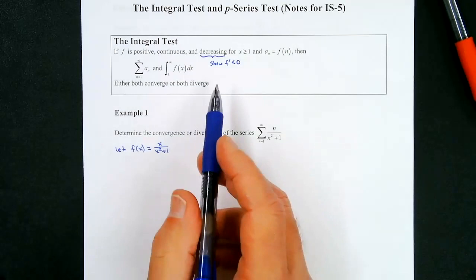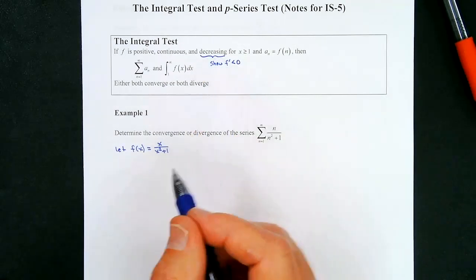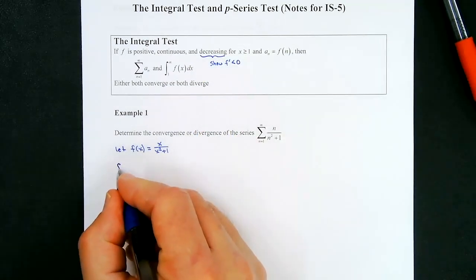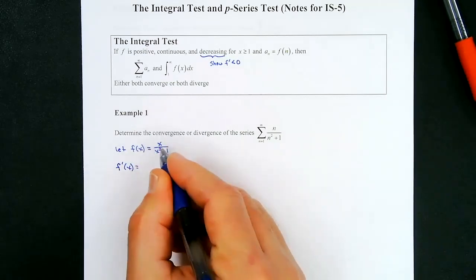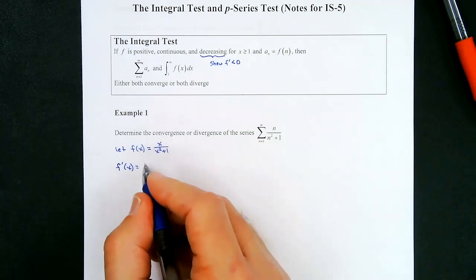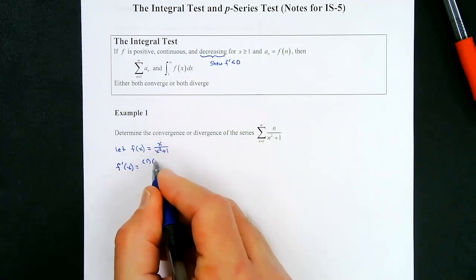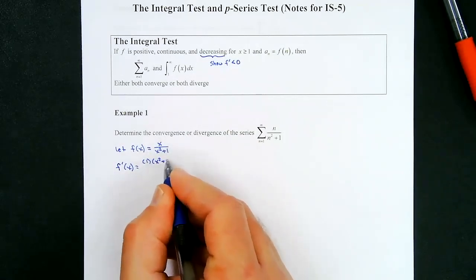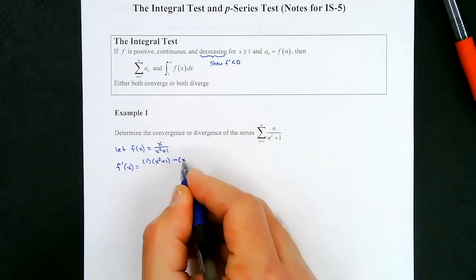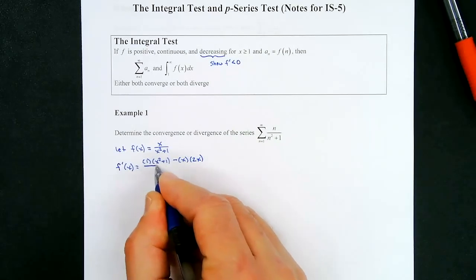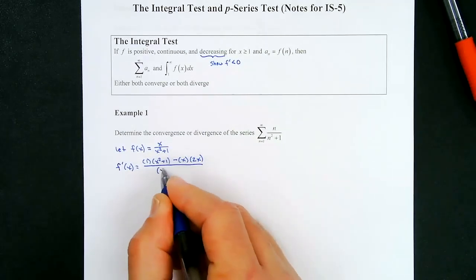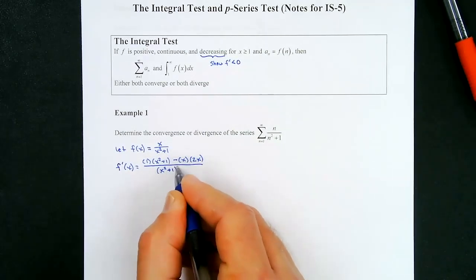All right. The next thing we have to do is show that it's decreasing. So we have to find the derivative. f prime of x would equal, and we have to apply the quotient rule, the derivative of x, which is 1, times the bottom, which is x squared plus 1, minus the top times the derivative of the bottom, which is 2x, all over x squared plus 1 squared.